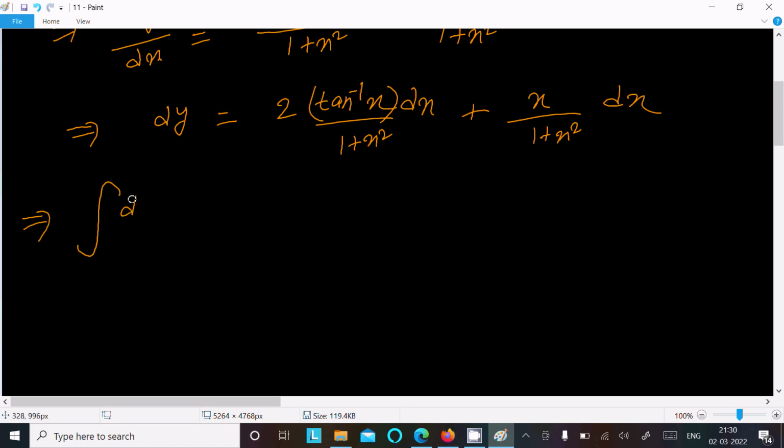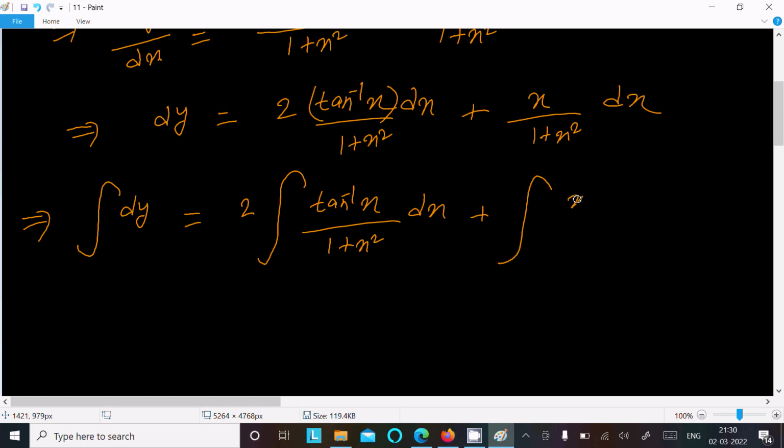So integration of dy equals 2 times the integration of tan inverse x divided by (1 plus x squared) dx, plus the integration of x dx divided by (1 plus x squared).